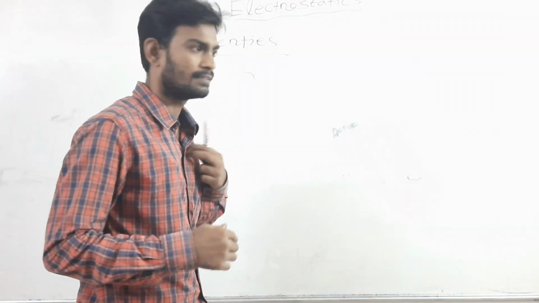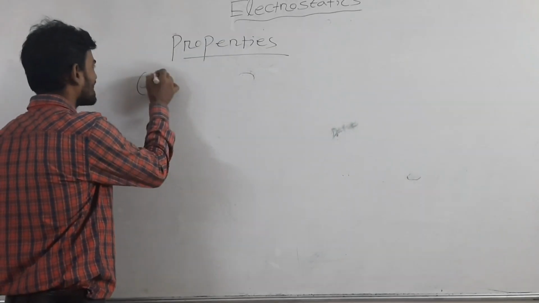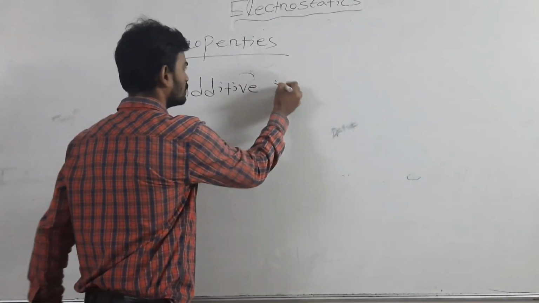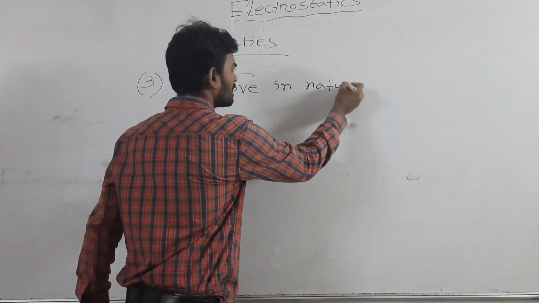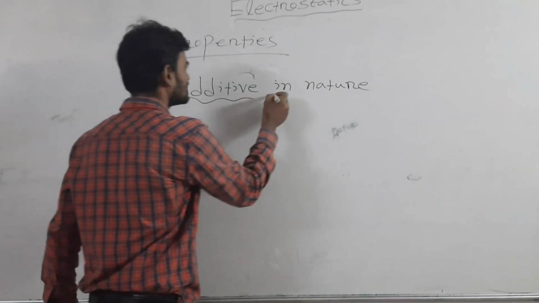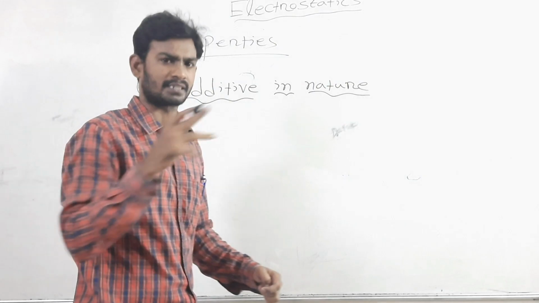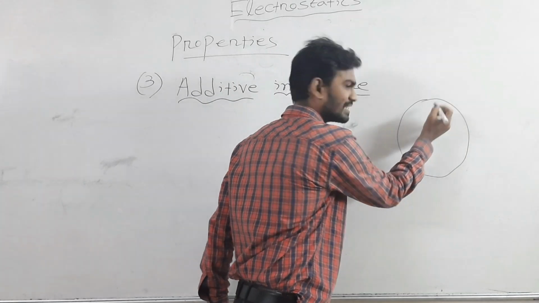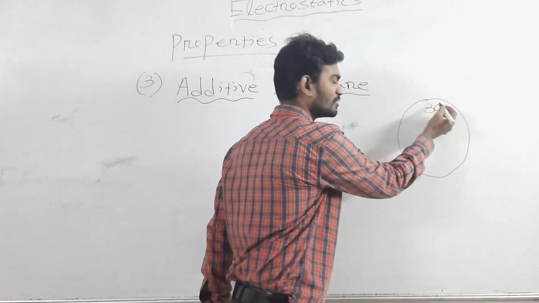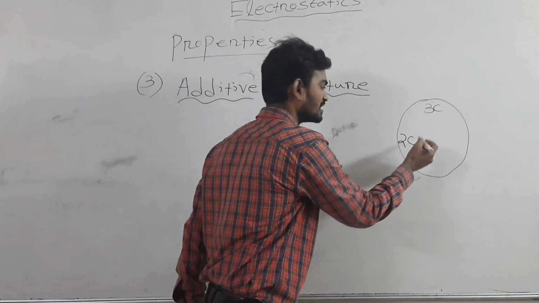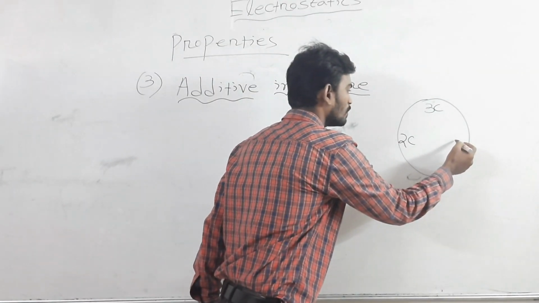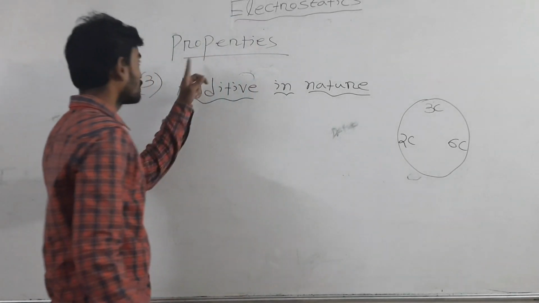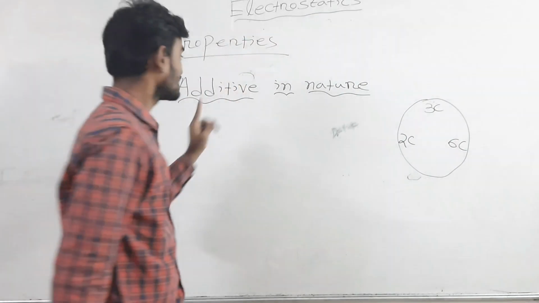Now the third property is that charge is additive in nature. It means if a body has charges located at different parts, suppose 3 coulomb of charge is located at this point, 2 coulomb at this point, and 6 coulomb at this point of this object, then according to the properties of electric charges, it is additive.